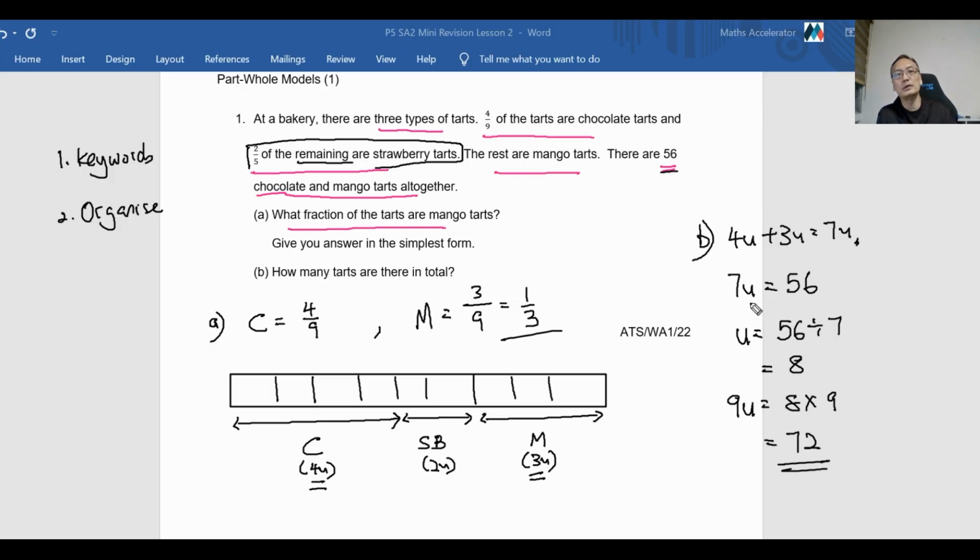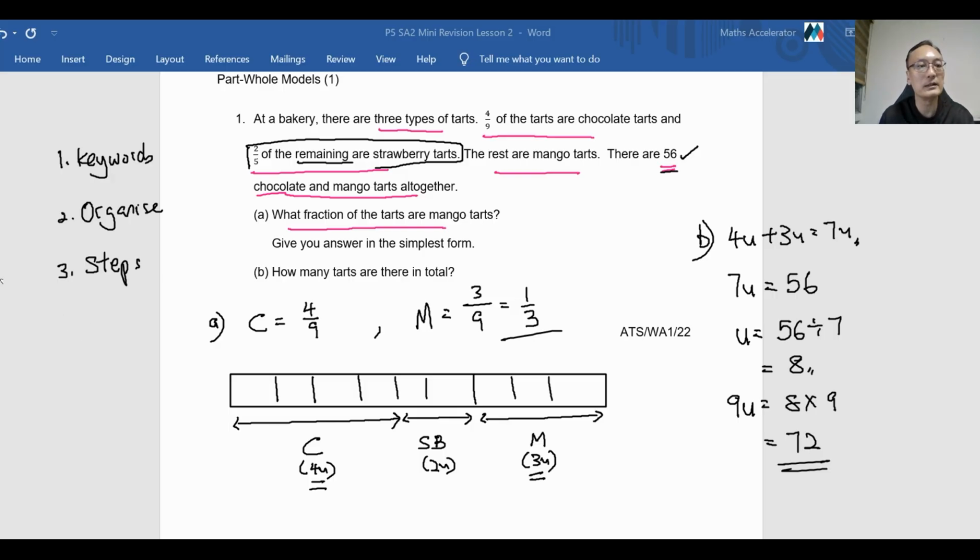So 7 units is equal to the 56 stated in the question. To find 1 unit, we divide by 7, we get 8. Lastly, we find the value of 9 units, which is 8 times 9, a total of 72. So number 3 is to carry out the appropriate steps in order to solve the question.